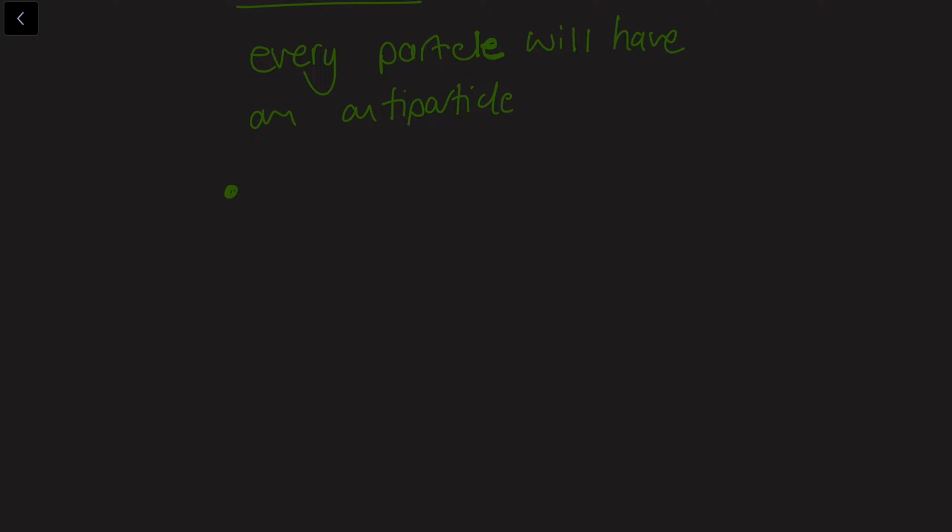Okay, and basically this is what will happen. It will annihilate the particle and itself if they meet, converting the total mass to photons. So basically, if a particle meets the antiparticle, so this is a particle, and this is the antiparticle, they will basically create a photon.